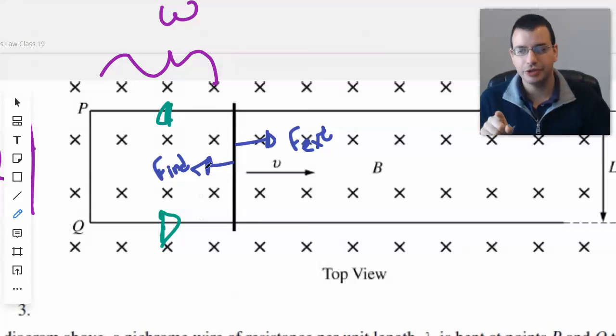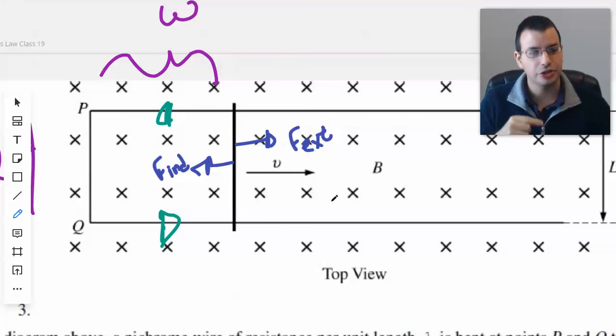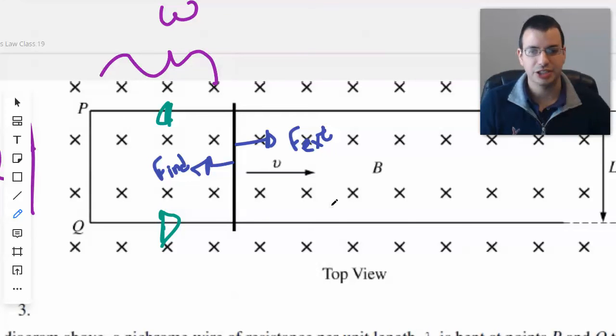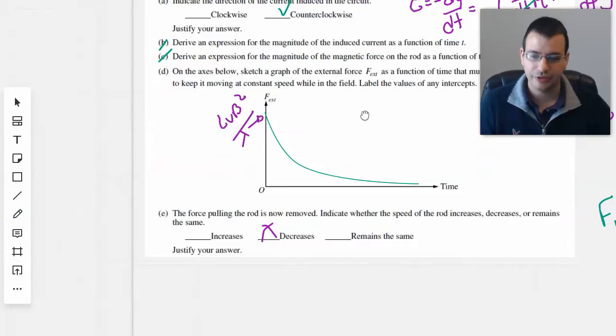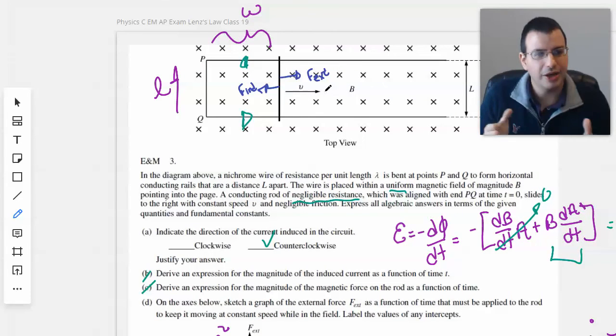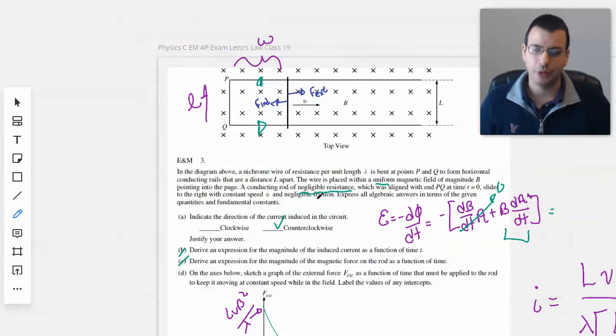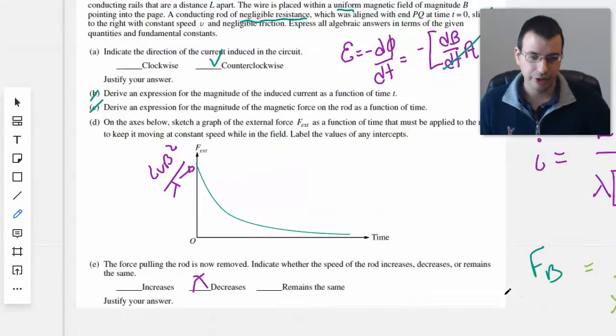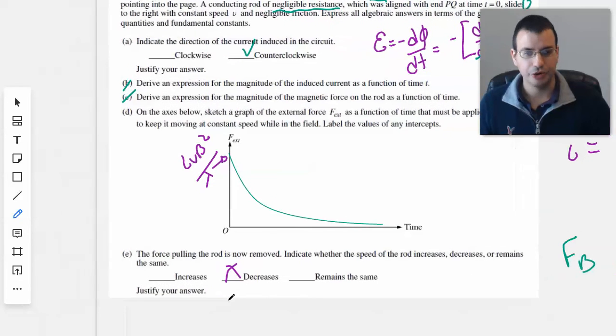So we have a force induced to the left. We have a force external to the right that allows us to maintain this constant speed. And so if we remove this force to the right, we'll be left with a force to the left. And what that induced force will do is it will reduce the speed. Yep, it'll reduce the speed.